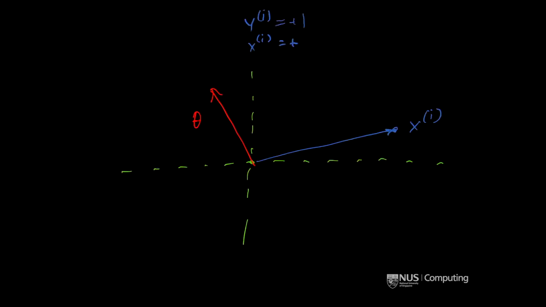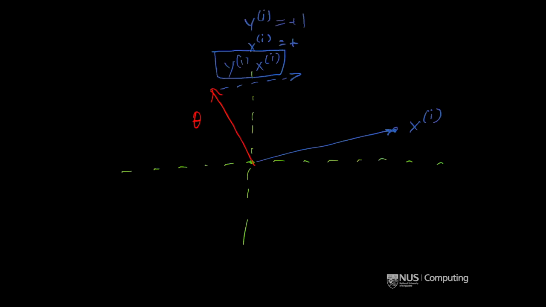Let's look at the term that we're going to add to it. The term that we're going to add to it is this multiplication of yi xi. It's going to point in the same direction as xi because it's just simply a scaling factor. Remember, yi is just a scalar that's being multiplied.